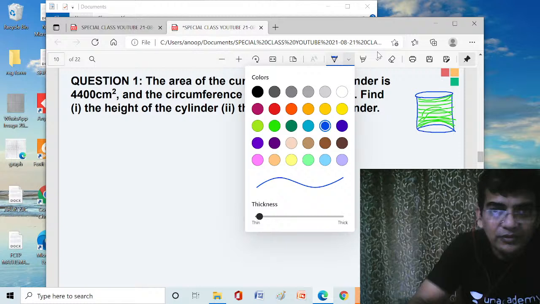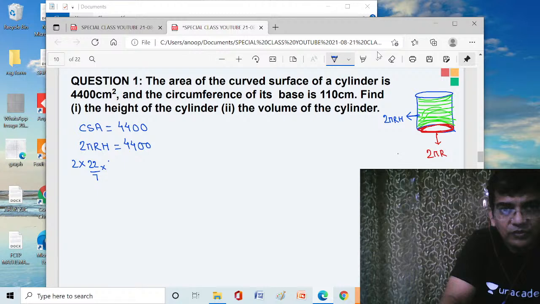Now let us substitute the values. 2 into, in place of pi I will put 22 by 7. The radius is not known to me, and the height is also not known to you.